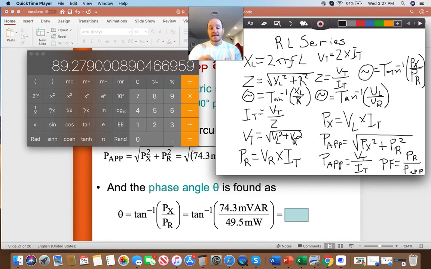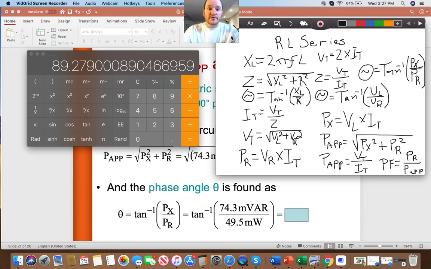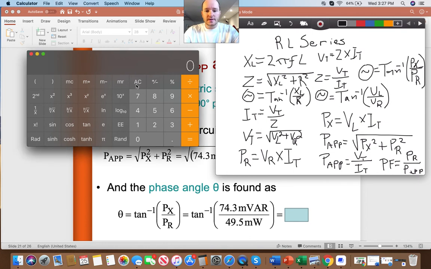Okay, and you can see that formula right here, but I wanted to show you writing all these formulas down. Now in lab at least, it's going to be about knowing which formula we should be using. So let's go ahead and perform this calculation here.